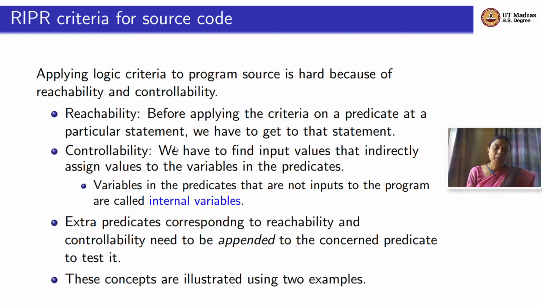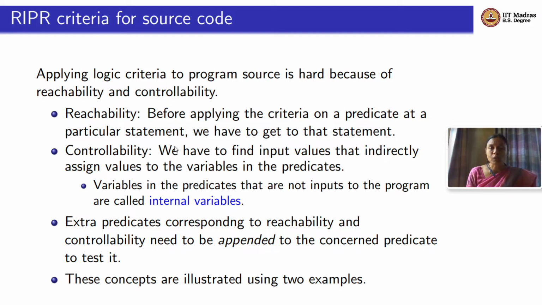So when we try to apply logic criteria to program source code, it's not as simple as just going to an if statement, somehow parsing the logical predicate in that if statement, extracting it, and then using the logical coverage criteria. There are several problems that we have to solve. First is reaching that particular place.